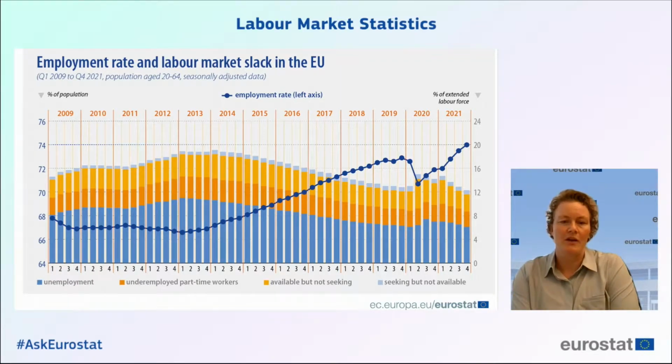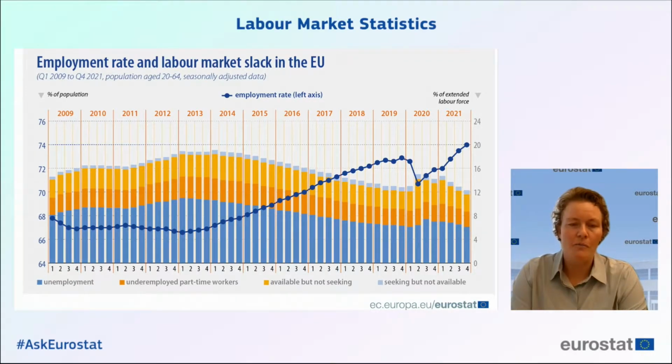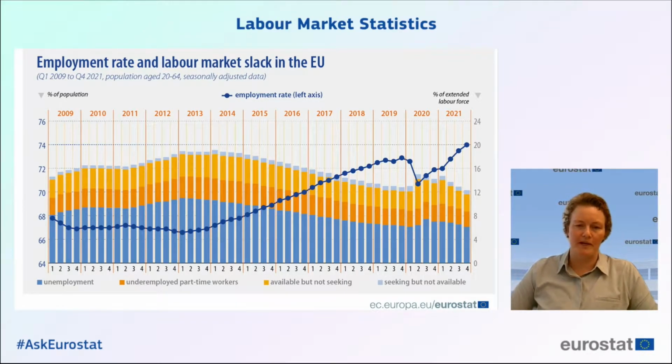These are the yellow bars. And then these very short light blue ones all the way on top are those who are searching for work but are not immediately available. But all of those together still want to work. They have an unmet need for employment. And what we see there is sort of the mirror image of what we have seen in the employment rate.